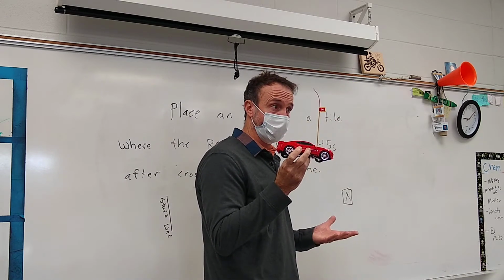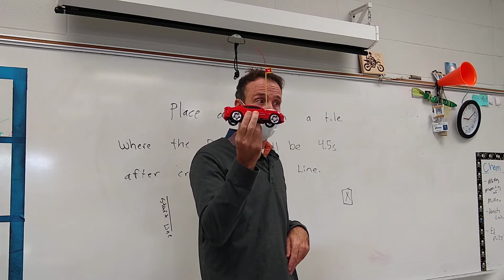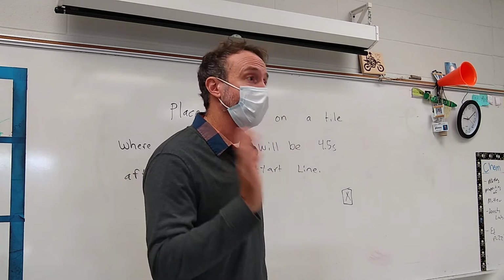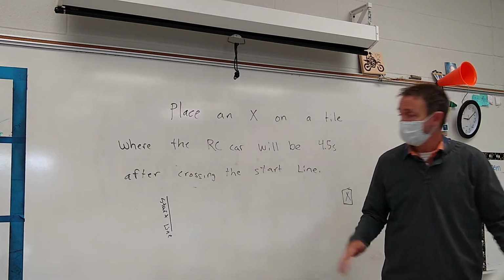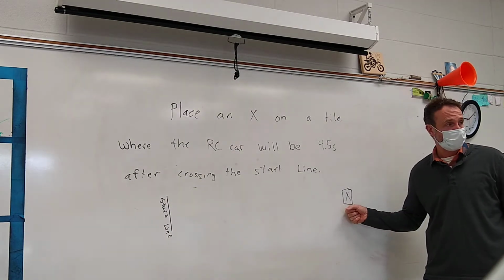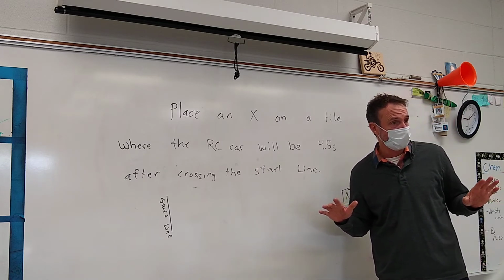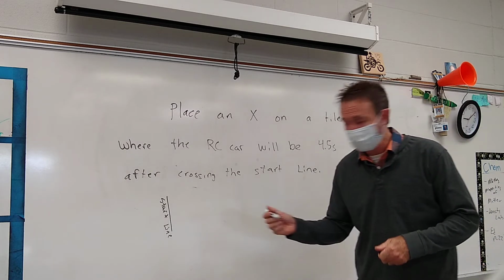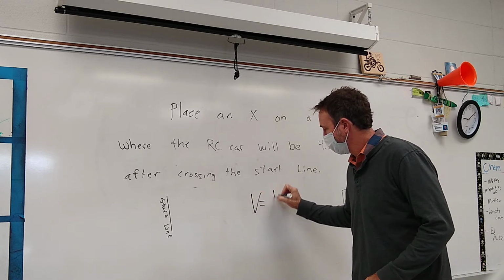Then I'm going to ask you to use the velocity of this car and the velocity formula to calculate the distance this car will travel in 4.5 seconds. That's a very straightforward question. Does that make sense? All right. For people at home and people in here, we're going to be using this formula basically twice.